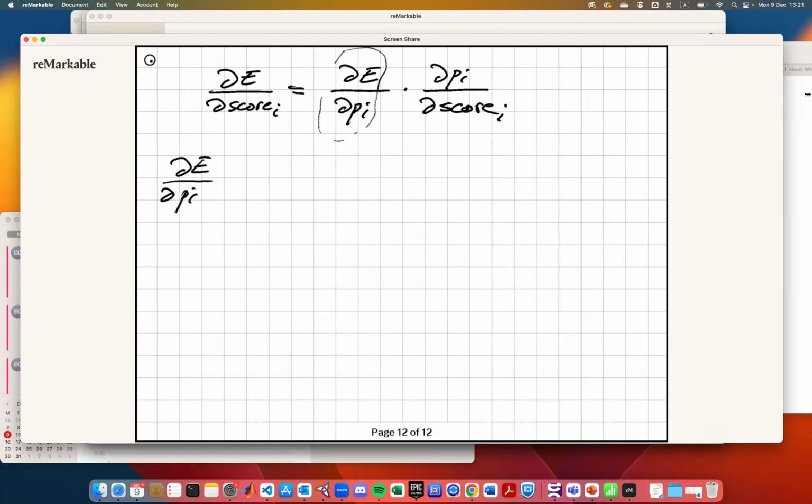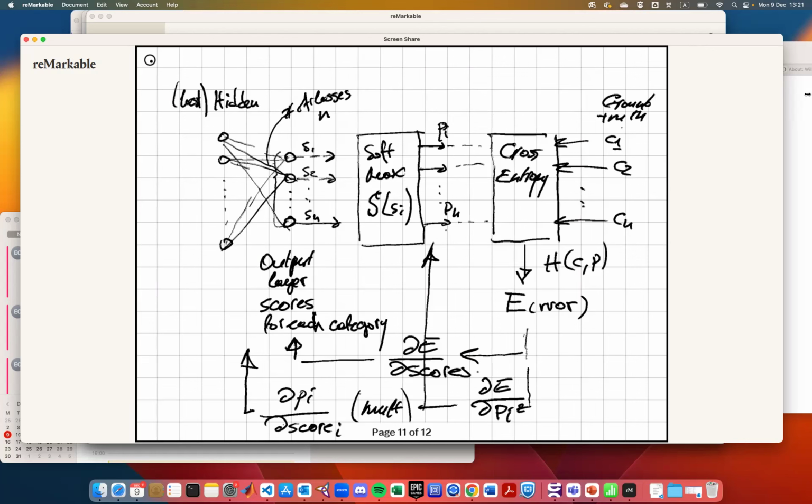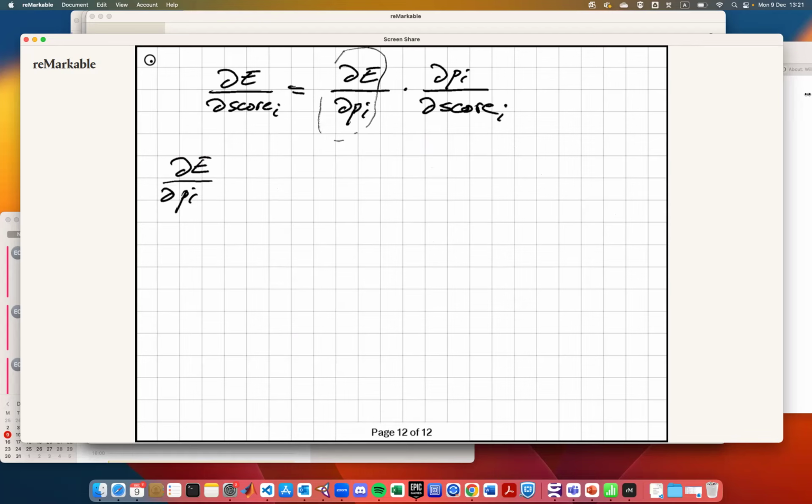I hope you will remember these non-trivial computations for this last leg, depending on what kind of error or cost function you choose. If you choose a different cost function, obviously the result will be totally different. You won't arrive at the same simple form as we will now.